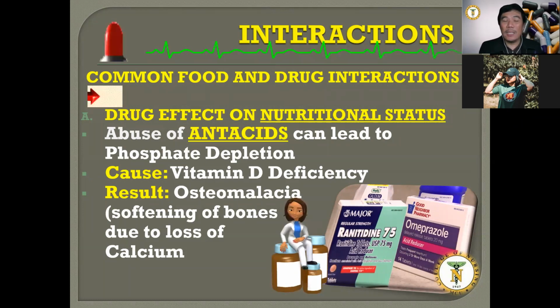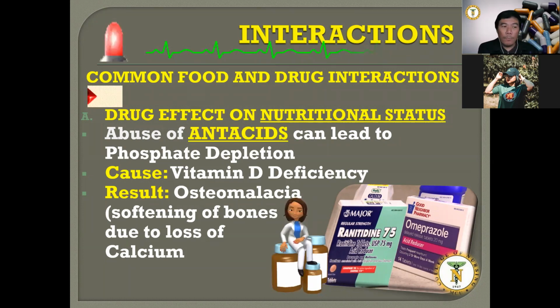Those are the antacids. But once these drugs are abused, do you know that it may cause depletion of phosphate? And phosphate is very important for the absorption of vitamin D.